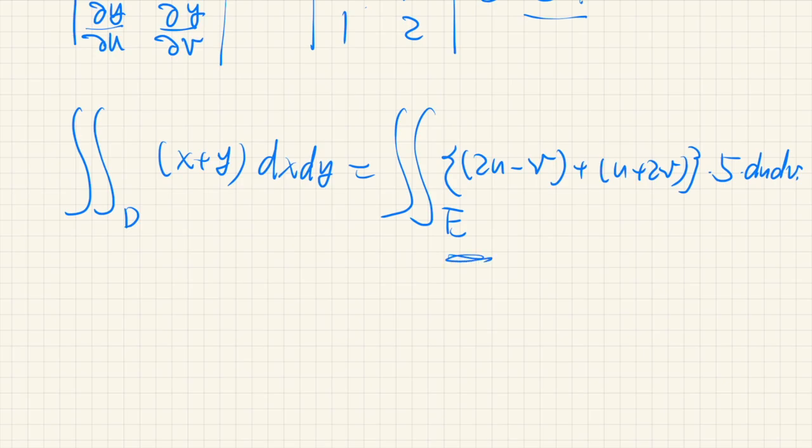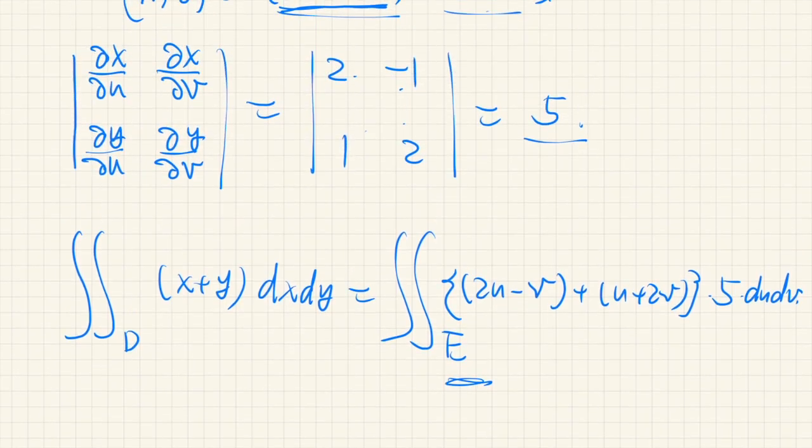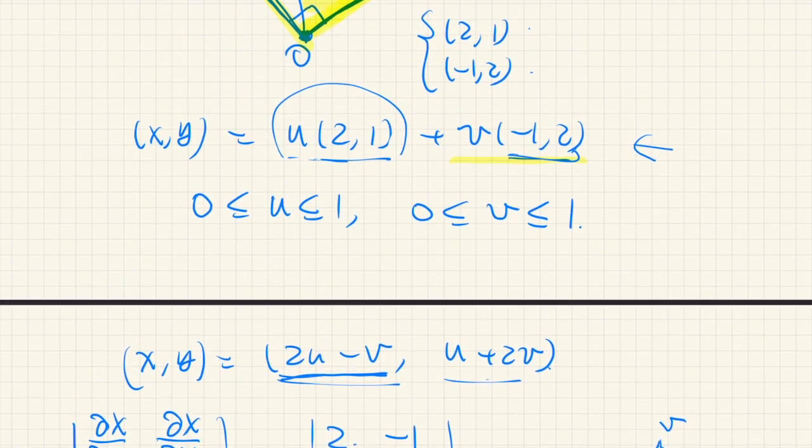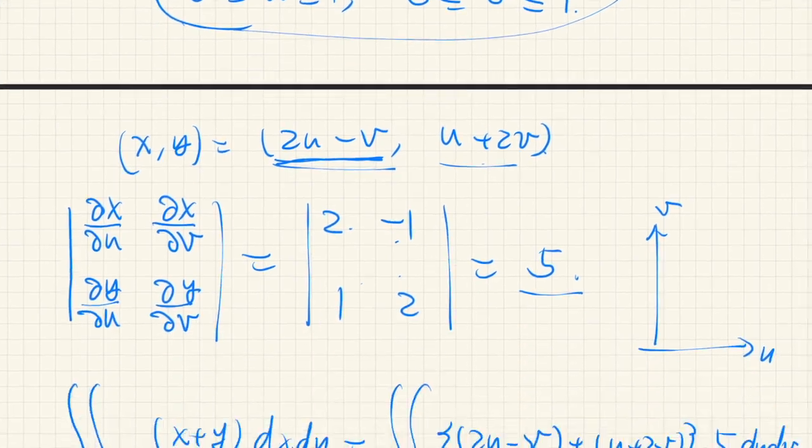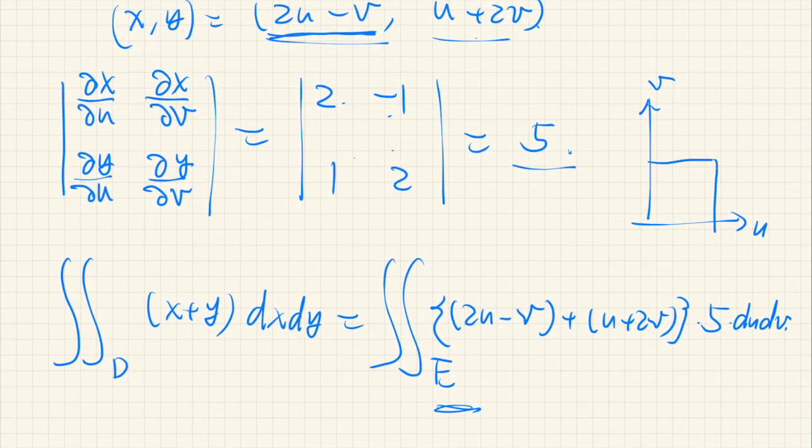And this E in the uv plane is defined by this. So it's just the region between 0 and 1 and between 0 and 1.